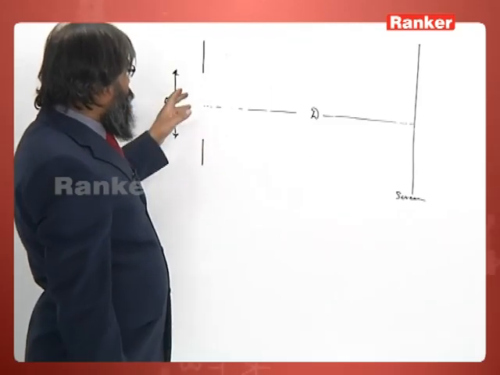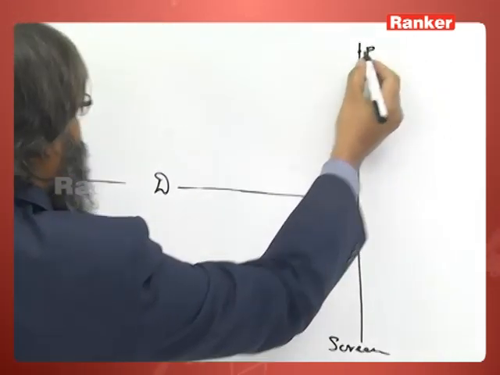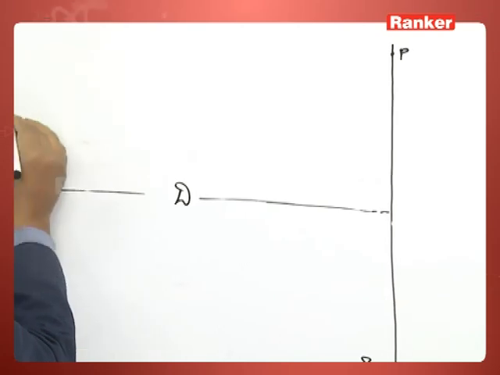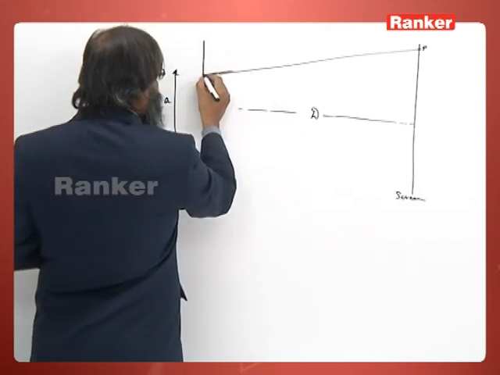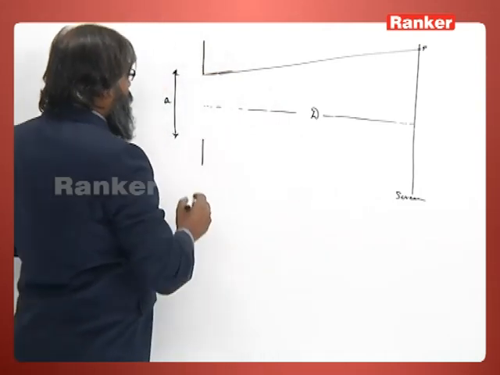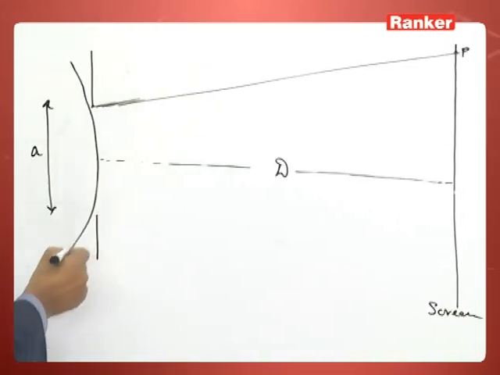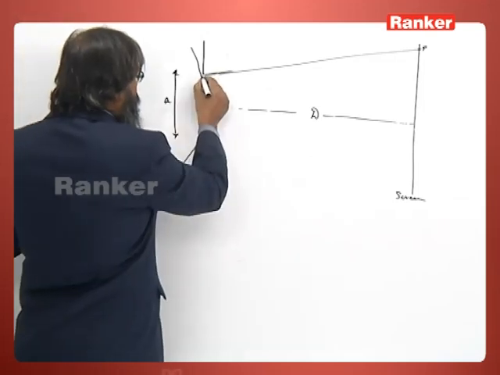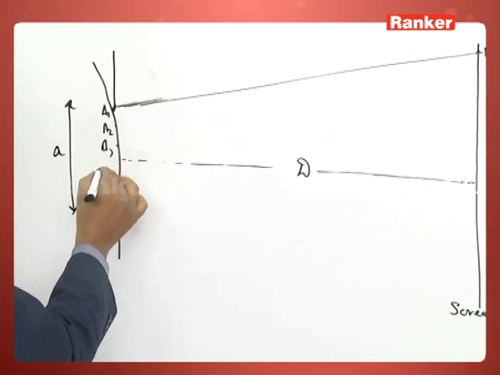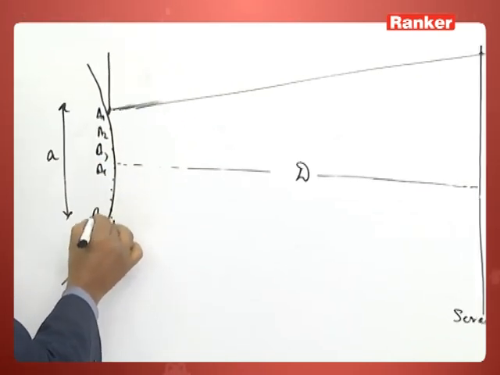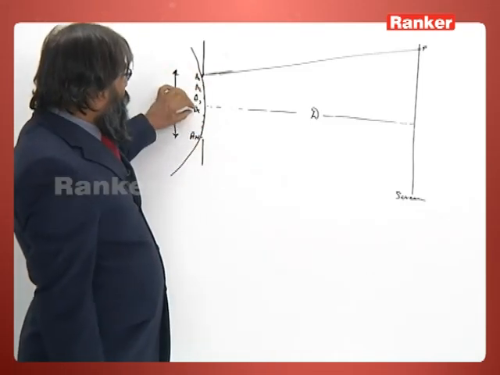We can do it mathematically. How? Suppose there is a point P where the waves reach. When a plane wavefront falls on this slit, there are many points: A1, A2, A3, A4 ... AN, where n is large, tending to infinity.